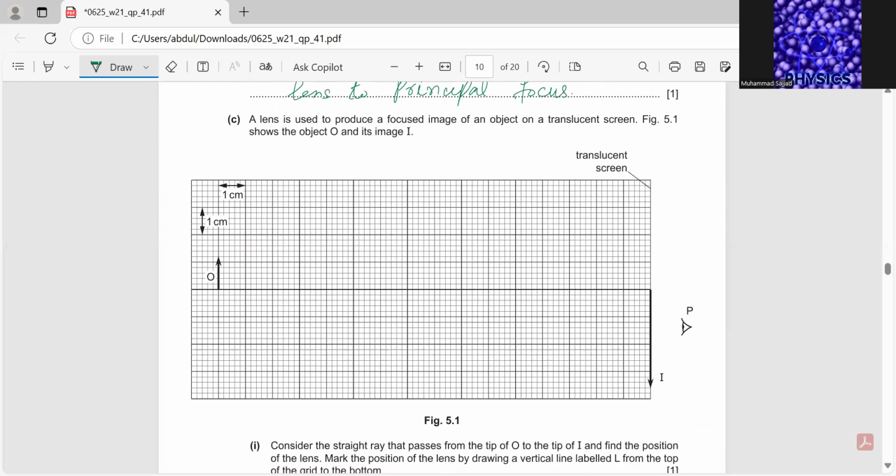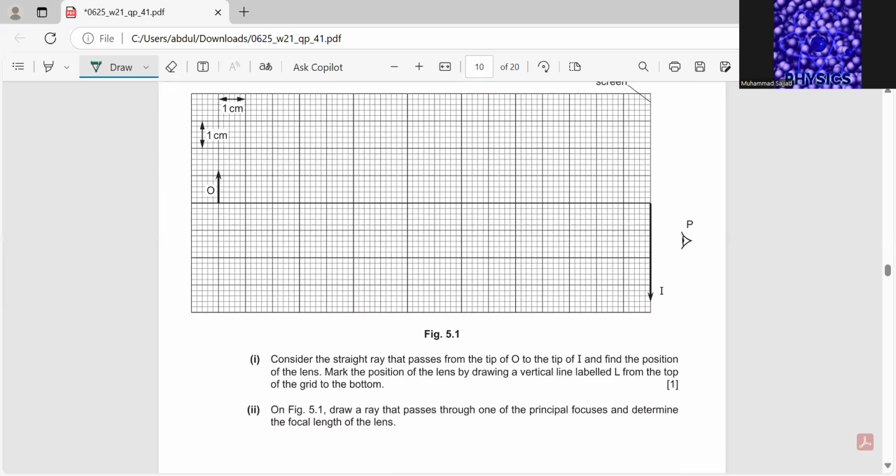Okay, a lens is used to produce a focused image of an object on a translucent screen. Figure 5.1 shows the object O and its image I. Consider a straight ray that passes from the tip of the object to the tip of the image.